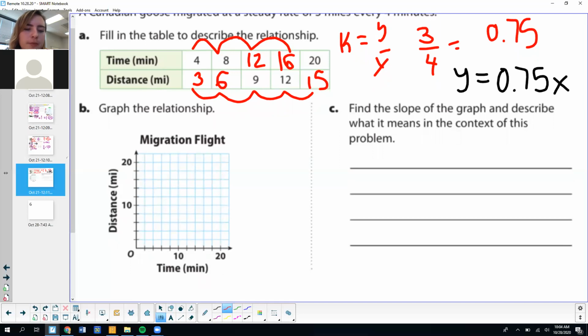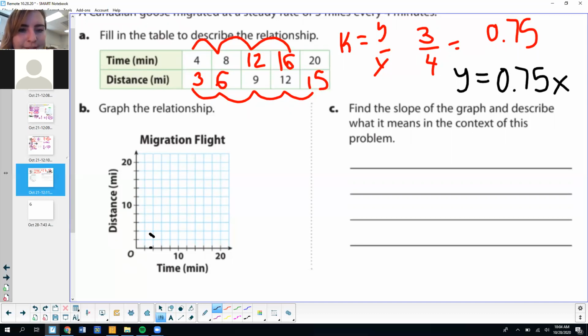So graph the relationship. Oh, this is going to be difficult. If you don't have graph paper, you can either just watch or create your own graph, which would take a while. If X is 4, I'm going to go here and then up 3: 1, 2, 3. It's definitely hard to graph on this thing.